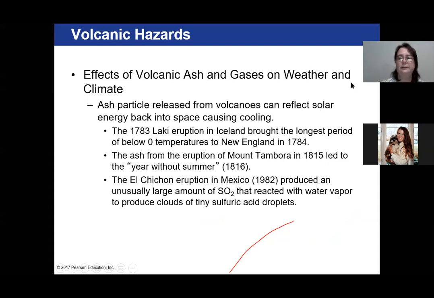All right. Volcanic eruptions can affect not just local weather, but climate over time. Some volcanic eruptions in the far past have just erupted for years and years, hundreds of years in some cases.